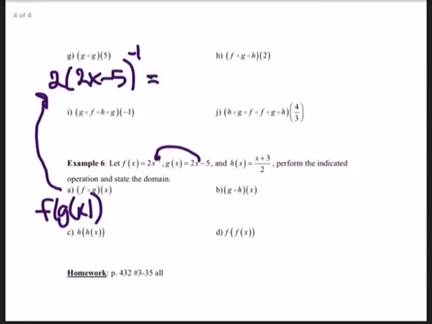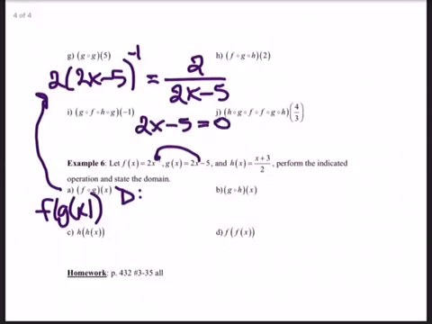And we remember negative powers means 1 over. So that's going to give me 2 over 2x minus 5. So my domain for this one, I know that the denominator of this cannot equal 0. So if I set 2x minus 5 equal to 0 and solve for x, x cannot equal 5 halves. So I've got all real numbers except 5 over 2.